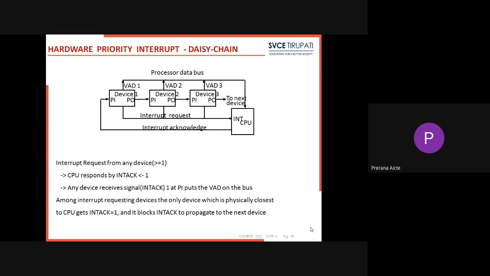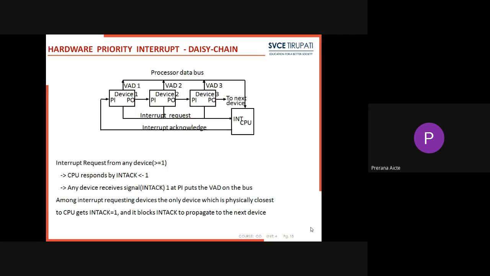In the daisy chaining method, the priority is established by a serial connection of devices that request the interrupt. The device with the highest priority is placed in the first position, followed by lower priority devices up to the device with the lowest priority, which is placed last in the chain.